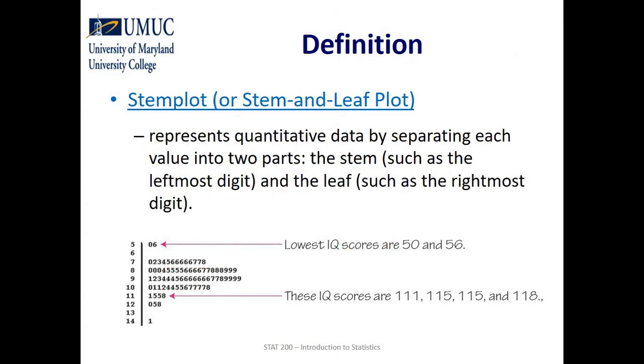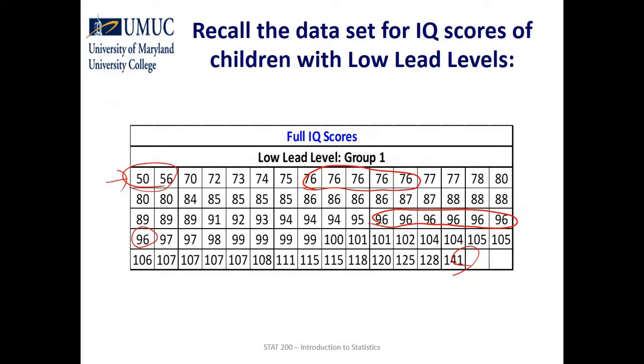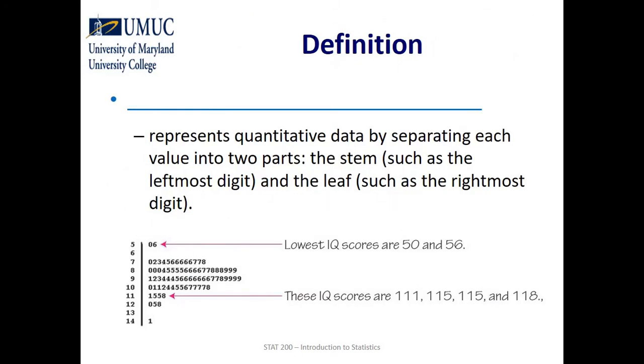The way this is read, we have 5 and then a 0 and then a 6. Well, that means we have 50 and 56. So the 6 with no numbers after it means that there are no 60 values. If you look, we go from 56 here to 70. Well, there are no 60s there.